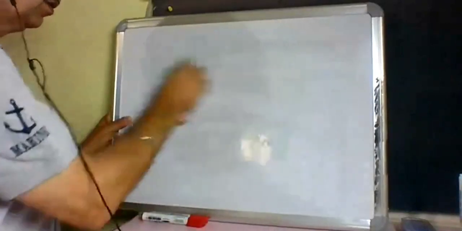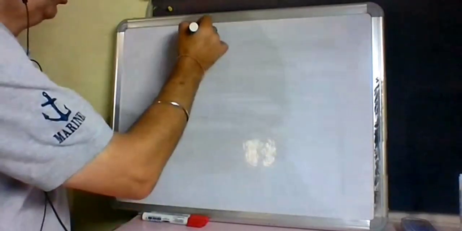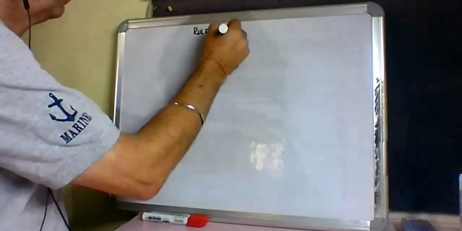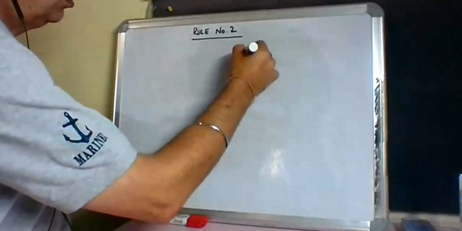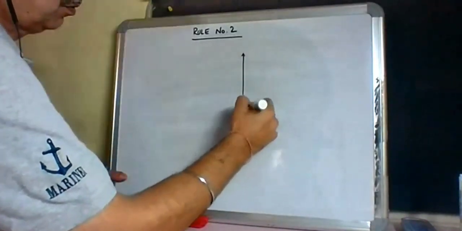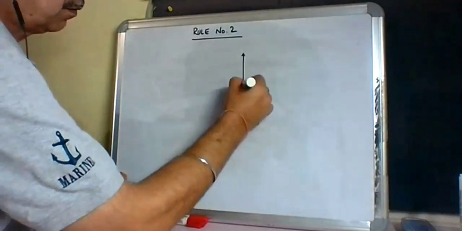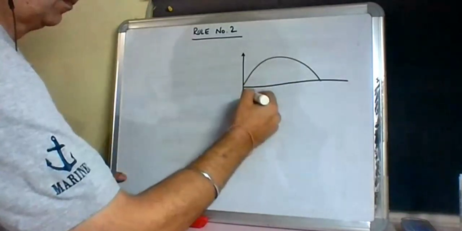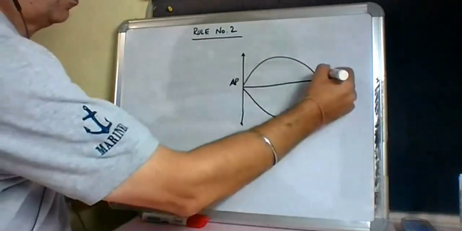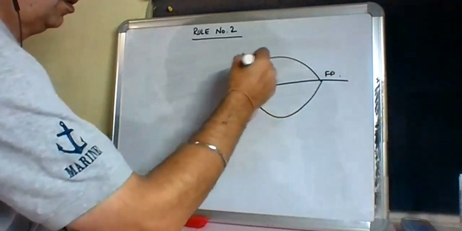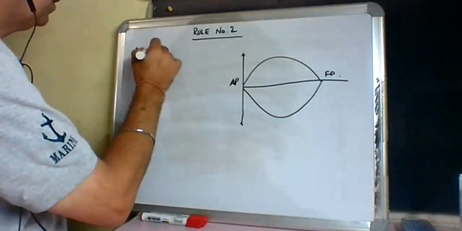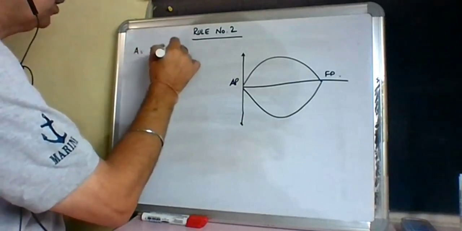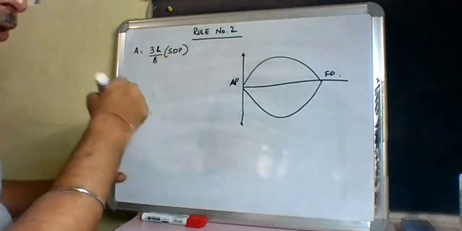Okay. Next, we come to rule number two. In rule number two, the area is given by the formula 3h by 8 into SOP.